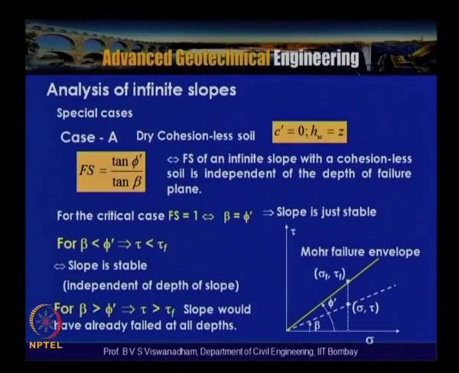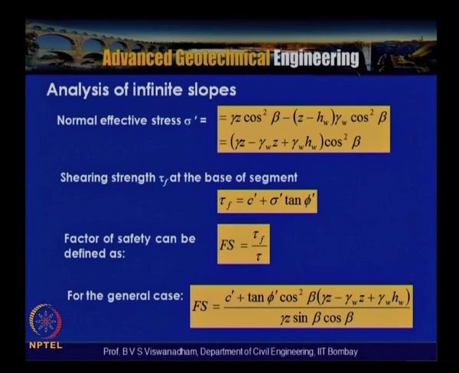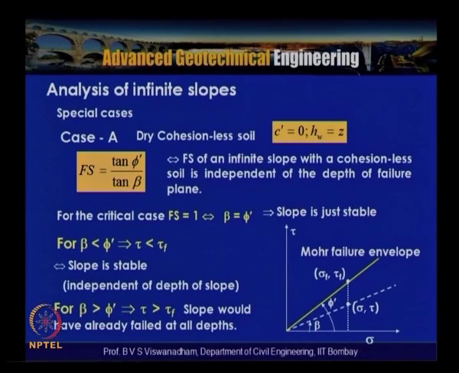Now, in this particular slide, the analysis of infinite slopes is shown, and the special case wherein, in the previous expression, if you put C dash equal to 0 and HW equal to z in the case of a dry cohesionless soil, the expression simplifies to factor of safety equal to tan phi dash by tan beta.